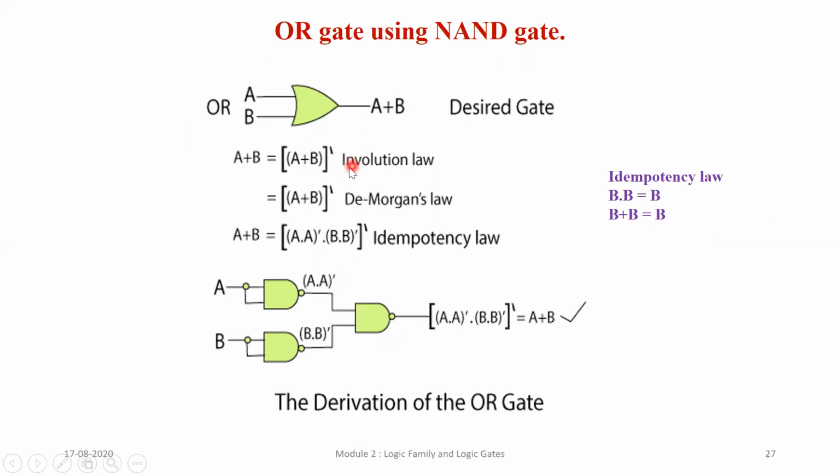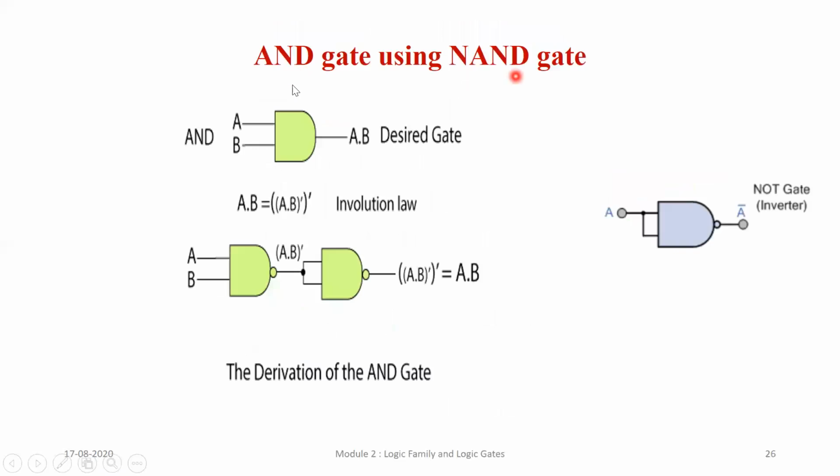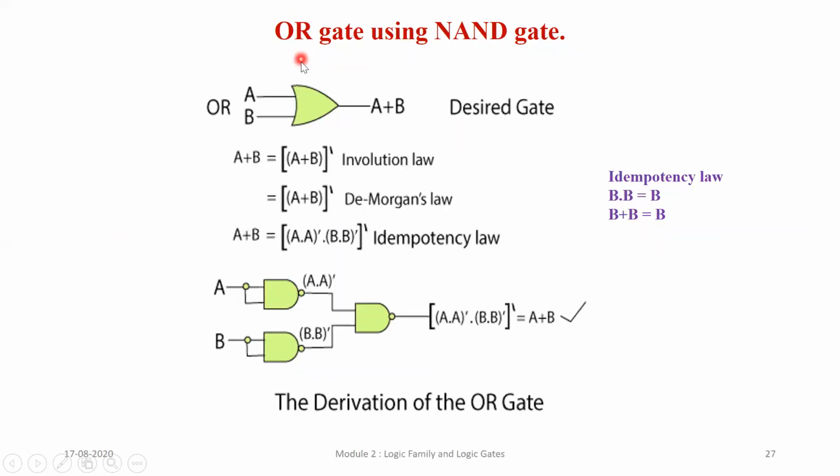If you are confused initially, I'm just giving you a tip. AND and NAND were related, so they needed fewer ICs. Now when I'm trying to do OR using NAND, remember my operation will be more.